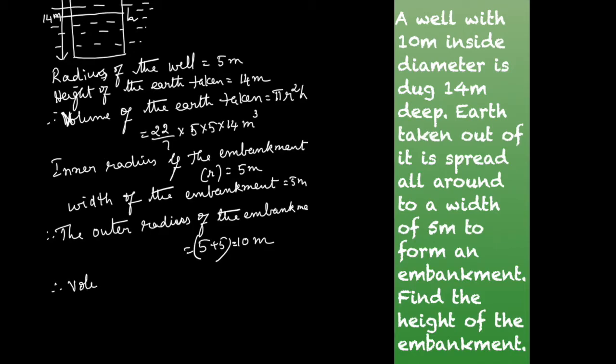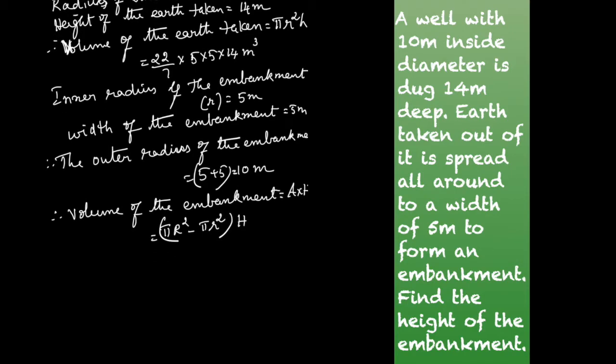Therefore, the volume of the embankment is equal to area into height. What is the area? Pi R squared minus pi r squared, that is the area of the ring, into height. Here you take out pi, so it is pi into R squared minus r squared into h. Substitute the value: capital R is 10.